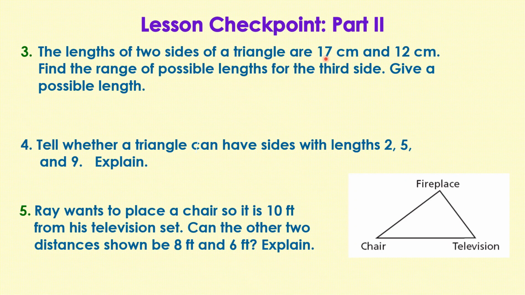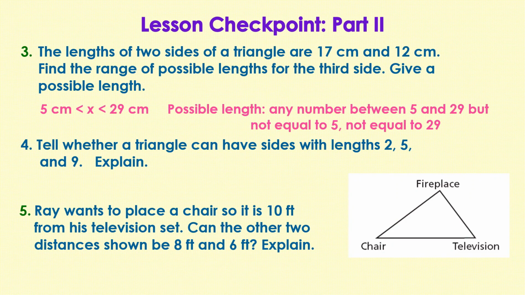Next, we subtract the numbers. 17 minus 12 is 5 centimeters, and then plug into the inequality. That means x must be between 5 and 29, but not equal to 5 and not equal to 29.